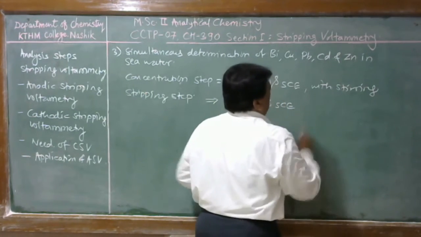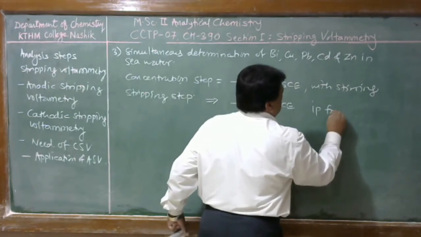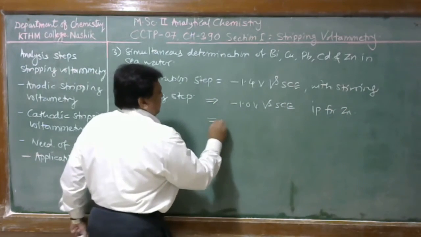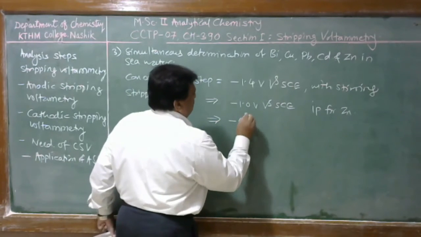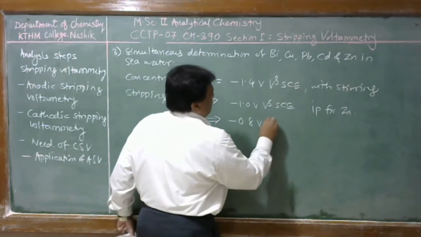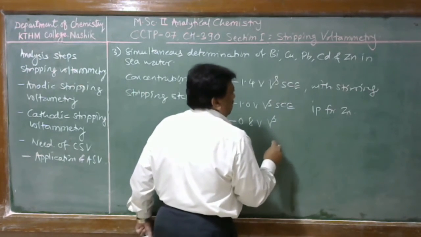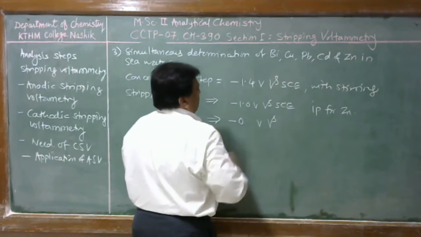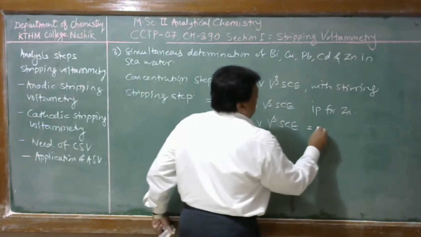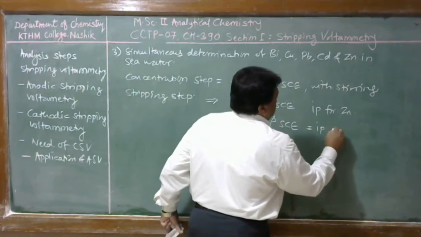Therefore, we have Ip for zinc. When potential reaches minus 0.6 volt versus saturated calomel electrode, then we have a peak for cadmium.